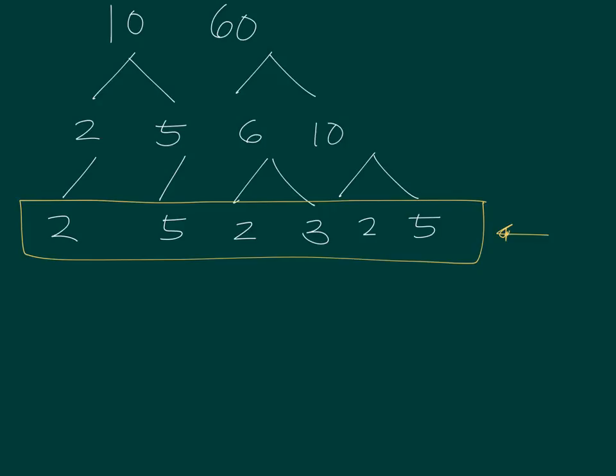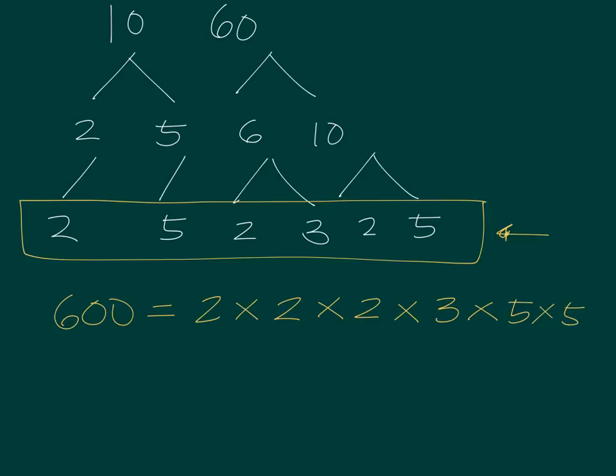So let's write this again in order. How many 2's do we have? 2 times 2 times 2 times 3 times 5 times 5.